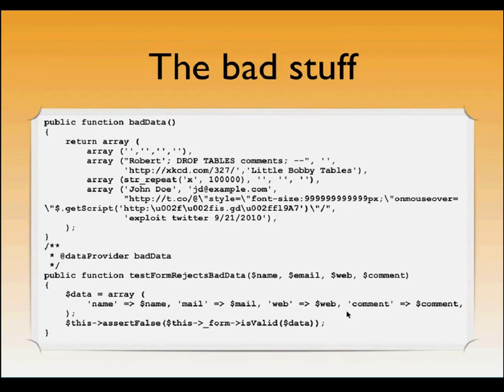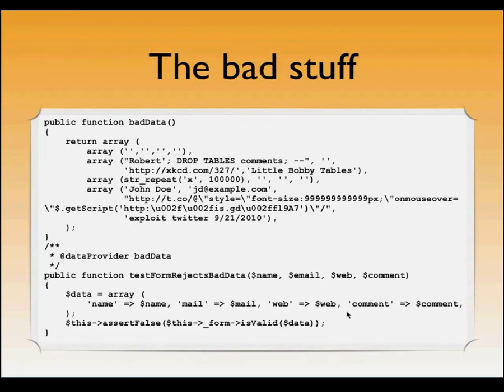Every day new exploits are being discovered and found. You can just add it to this array and make sure that even the newest exploits are not breaching your website security. If you have done the filtering correctly, you know you're good, and you don't have to worry.